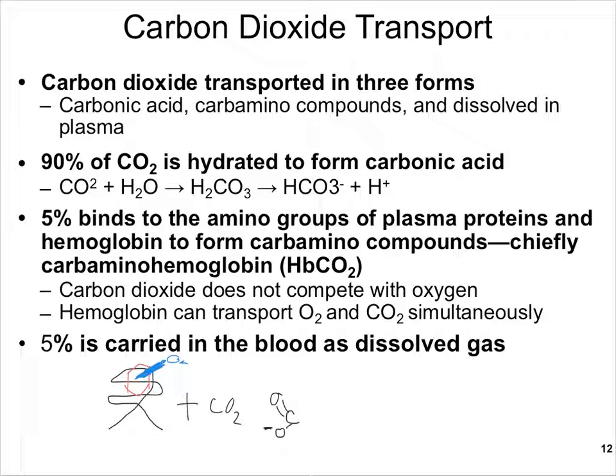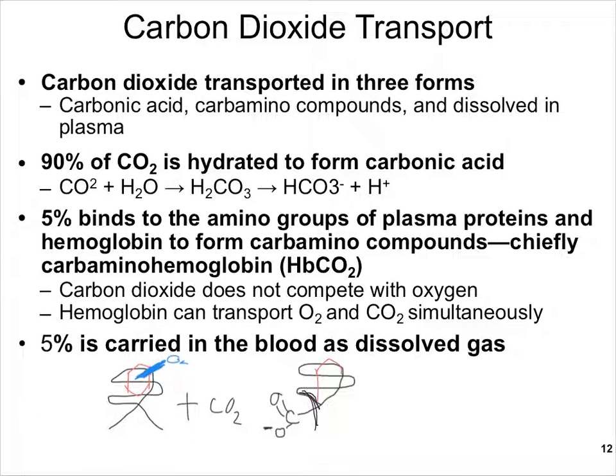And then from there, it will bind to the end. It usually binds to the tails. But now this charge that you see here is going to have an effect on the shape of the hemoglobin fold, causing it to twist slightly and assume a different shape.